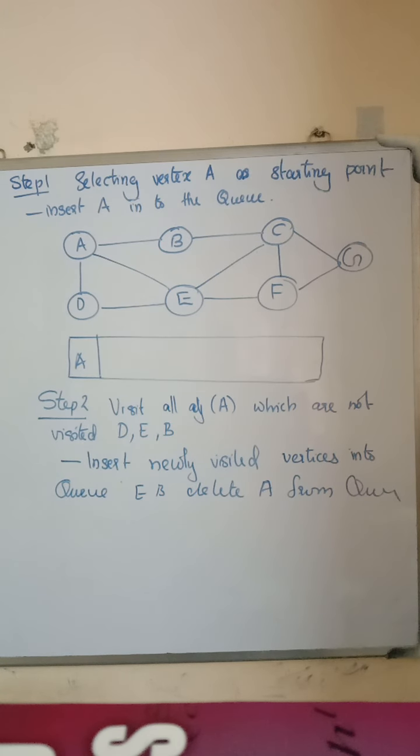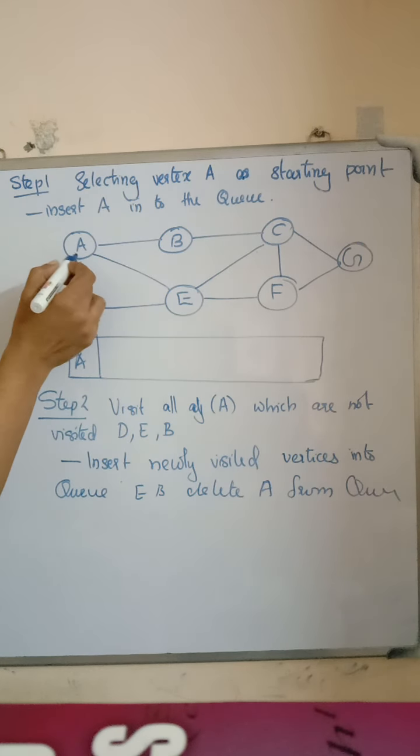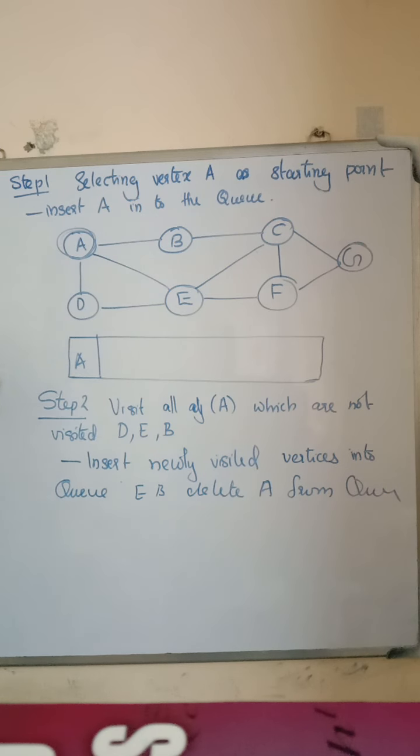Now we consider the BFS traversal of the given graph. This is the given graph. Select the vertex A as the first starting vertex. Insert A into the queue.